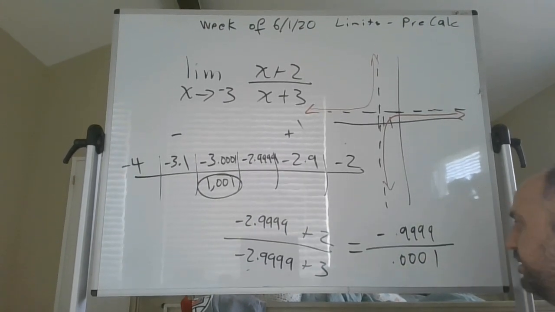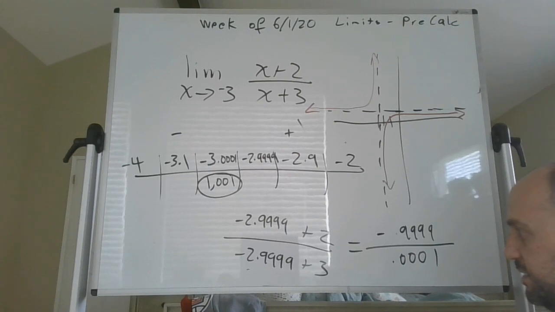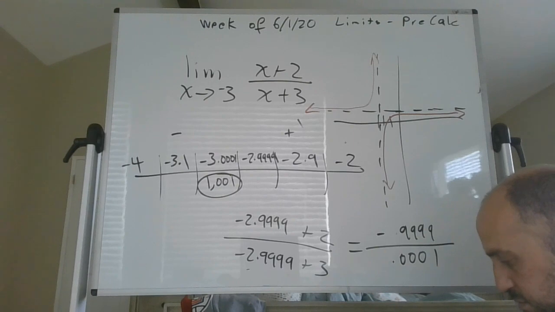Okay, let's see what that gets us. Negative 0.9999 over 0.0001. That's going to get us negative 9,999.